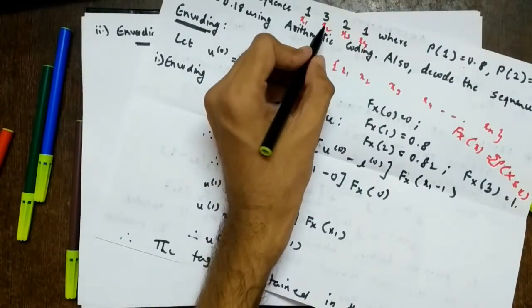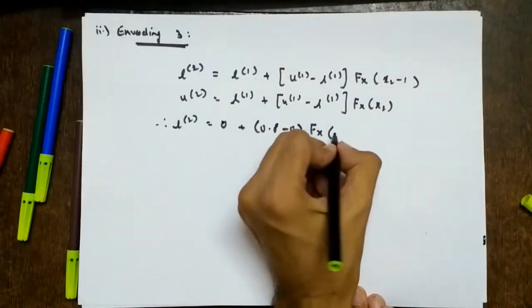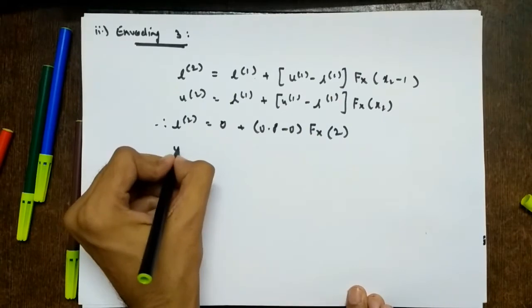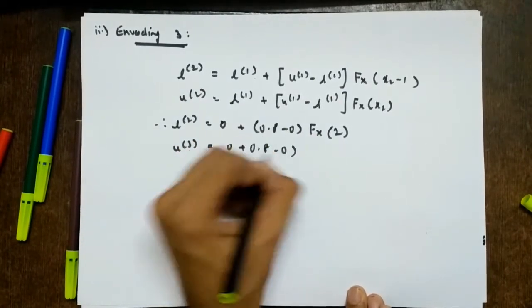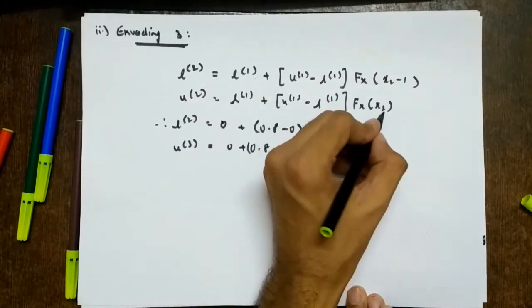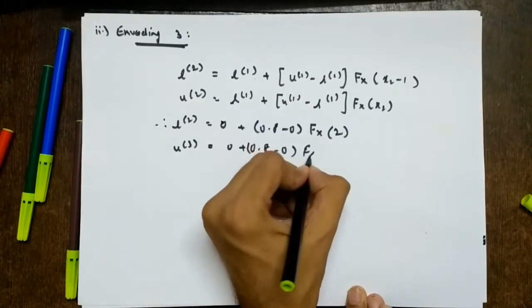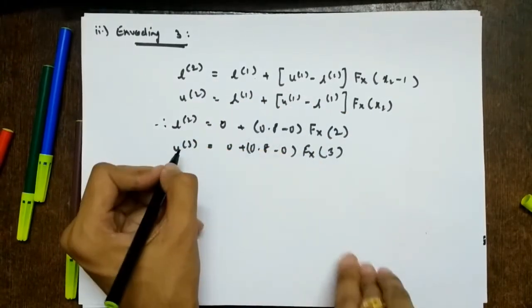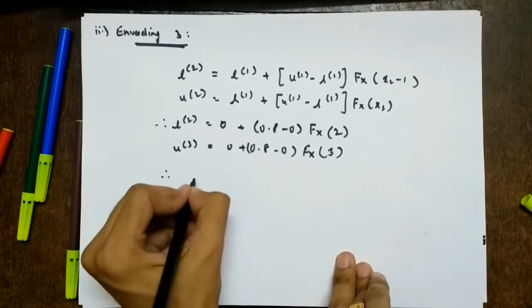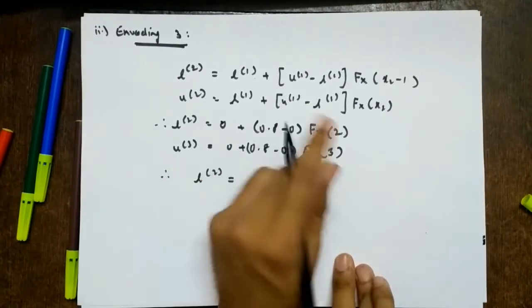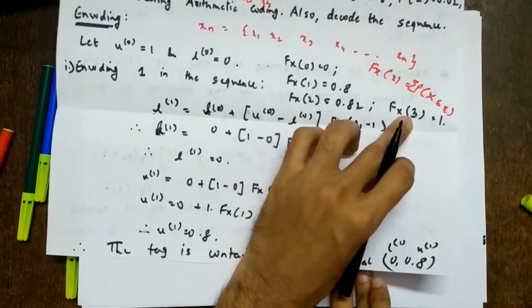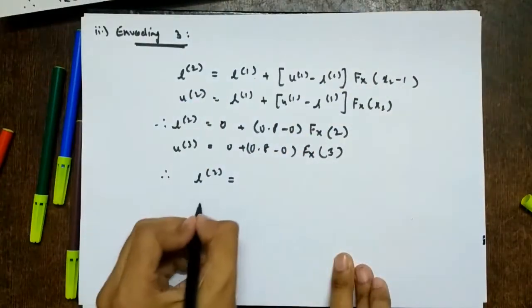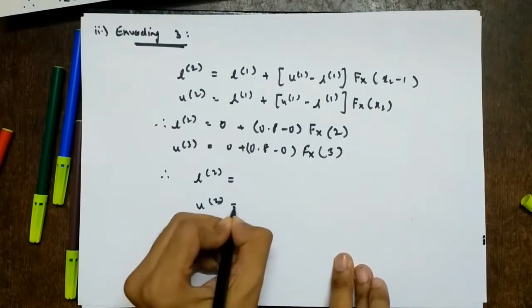X2 is, sorry, 3. So 3 minus 1 is Fx of 2. Then U2: 0 plus 0.8 minus 0 into Fx of x2, which is 3, so Fx of 3, right? We know Fx of 2 is 0.82 and Fx of 3 is 1, so we can find U2 and L2.